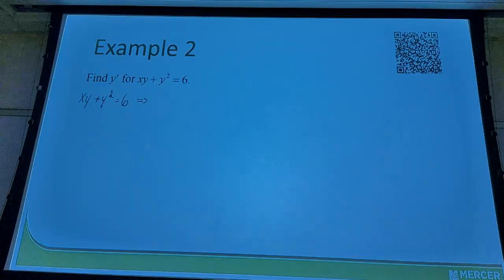Product. What does product rule say? Derivative of first times second. What is the derivative of the first? 1. Keep going. Plus derivative of the second times the first. So it would be x dy, no? Not just dy, dy dx, which I'm going to write as y prime in this case. Specifically because that's what they gave in the question.